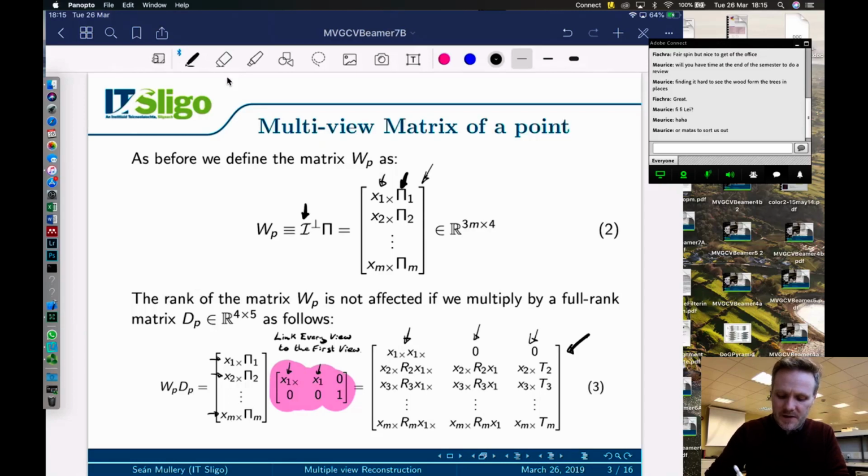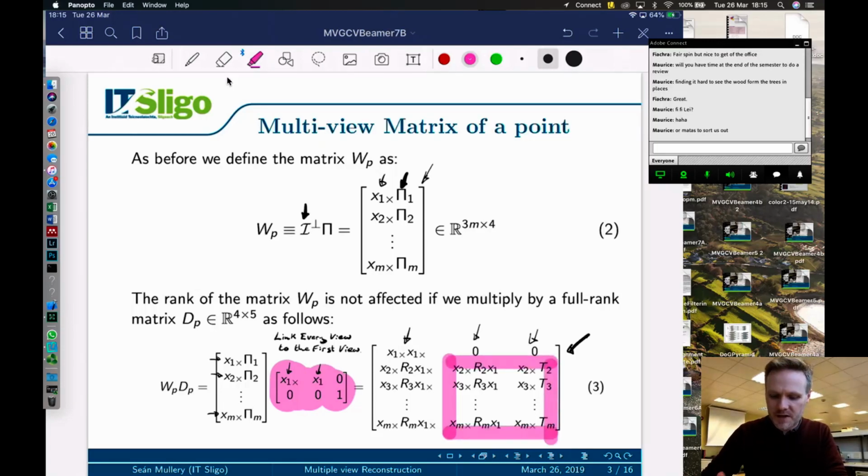Now, what this leaves us with is this very large matrix, and the one we're really interested in is this part here, where this becomes useful. This section here, okay?